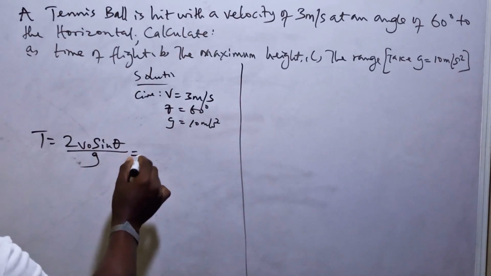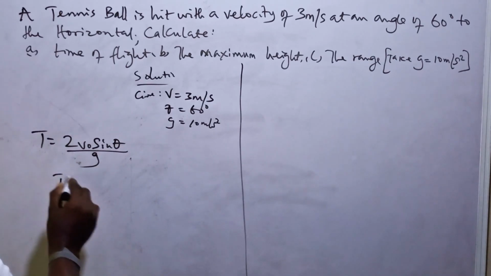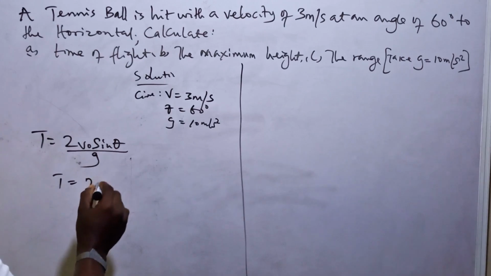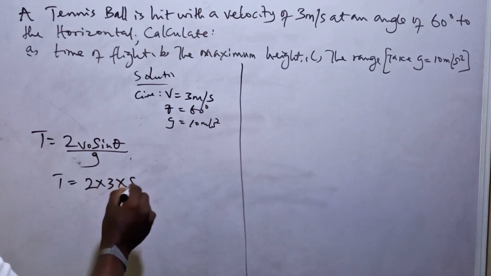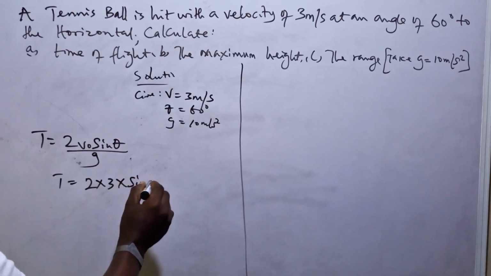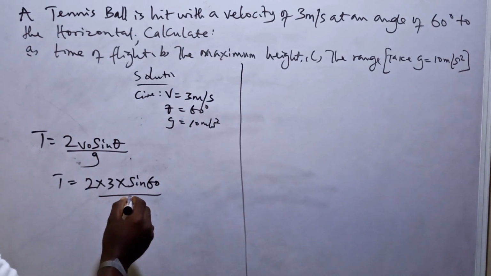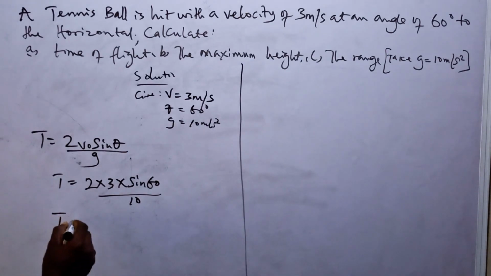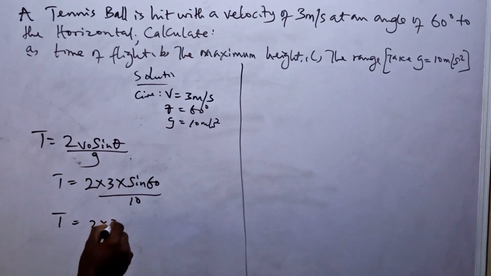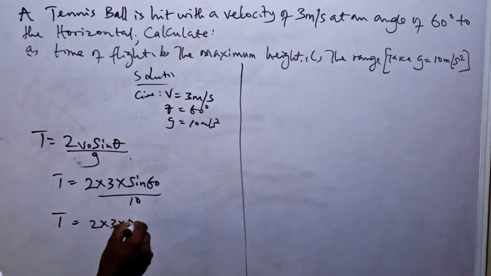Now, if we substitute values, we have that t equals 2 times v naught, here 3, times sine theta, here 60, over acceleration due to gravity g, which is 10.